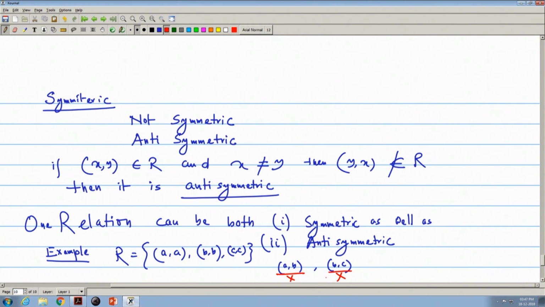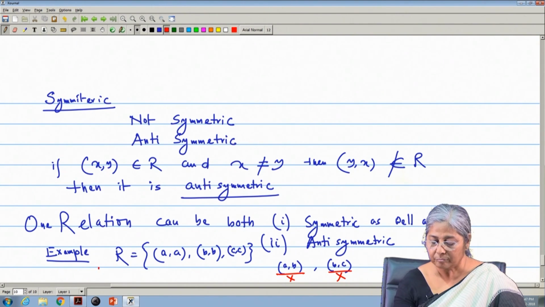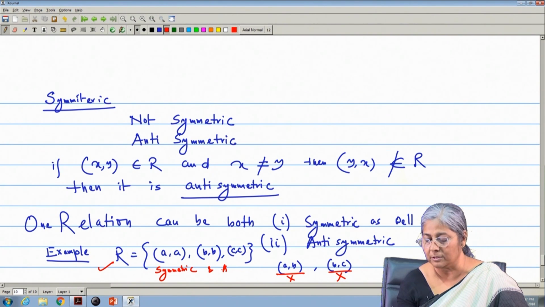So, it is automatically antisymmetric. So, this particular relation is both symmetric and antisymmetric.